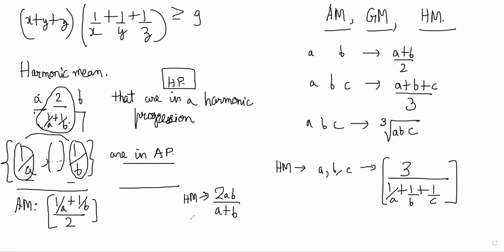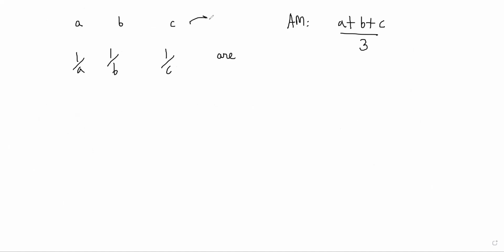Similarly, if you have three numbers, let's say A, B, C, in AP, your AM of these three numbers is A plus B plus C by 3, right? Now let's say these A, B, C are in HP.